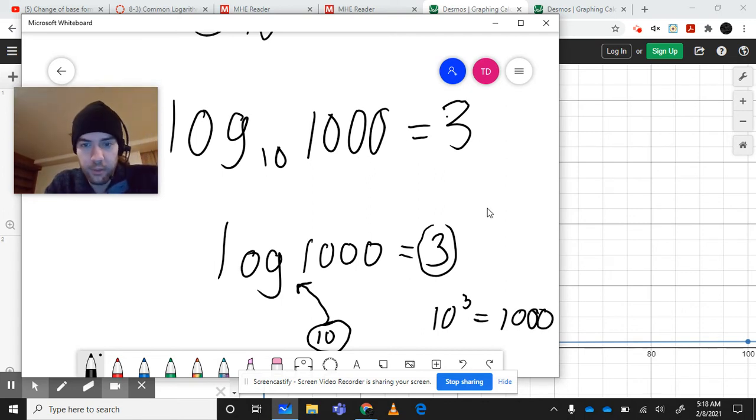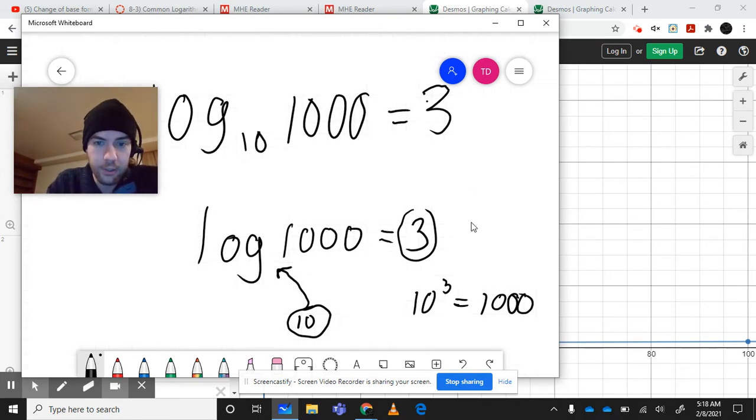Since we're dealing with logarithms, we're not going in this direction. We're starting with the answer and working backwards, where our solution is the exponent. So one major thing to remember is that the solution to these logarithms is the exponent in an exponential expression.